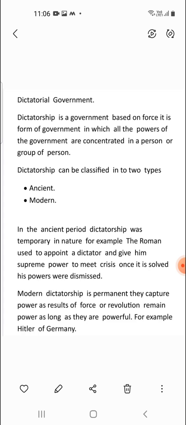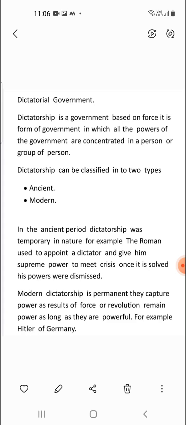But in a dictatorial government, it is not possible. No opposition is allowed. And in a democratic government, we have the role of mass media. It shows what plans are made by the government for the welfare of the people, and it collects feedback from the people, but this is not possible in a dictatorial government.